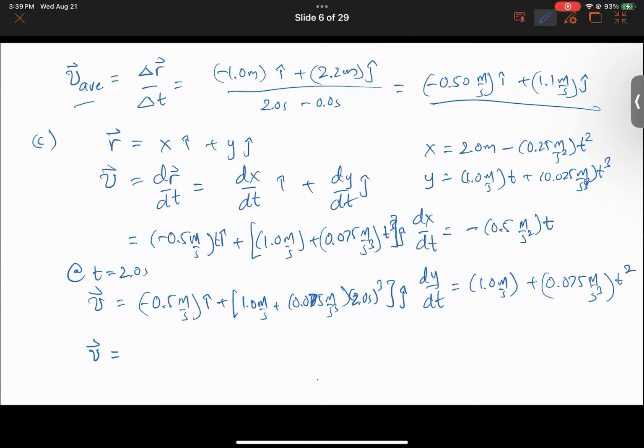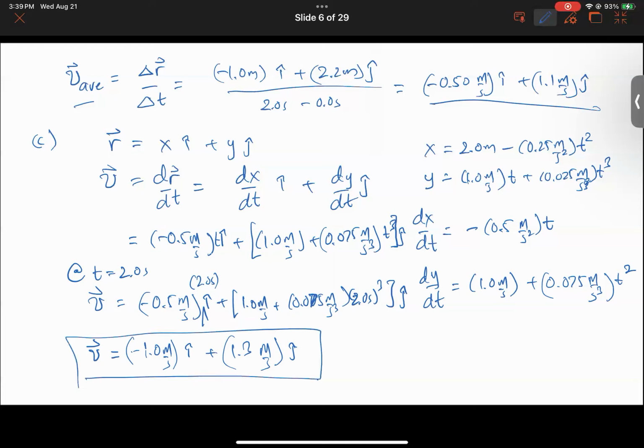May t. So dapat meron ditong 2 seconds. So this is given by negative 1.0 meters per second i hat plus 1.3 meters per second j hat. Yan yung velocity vector in component form.